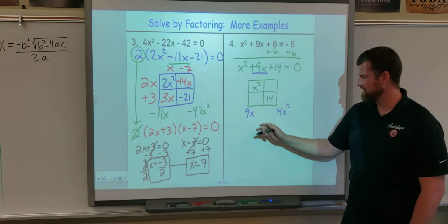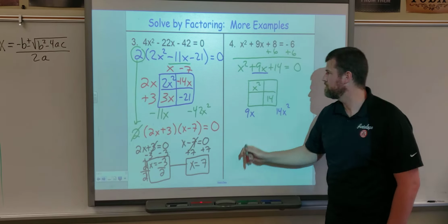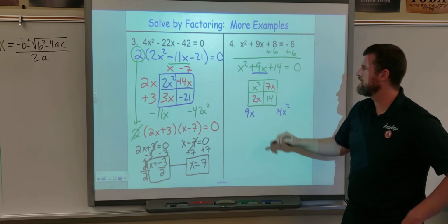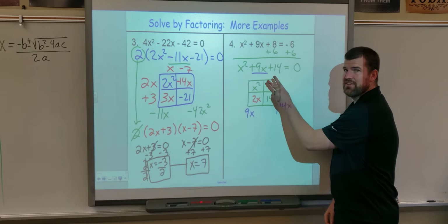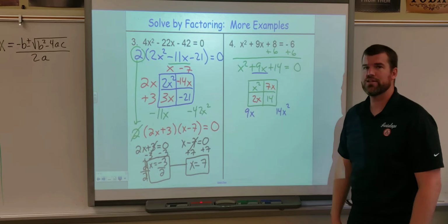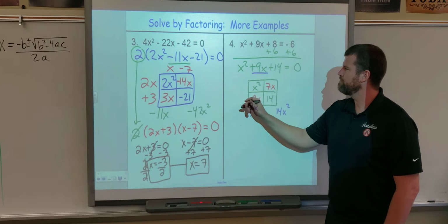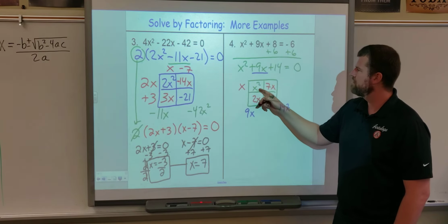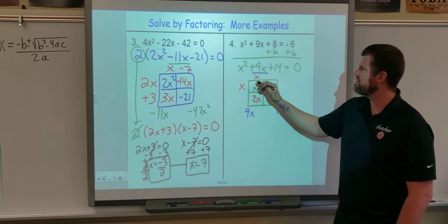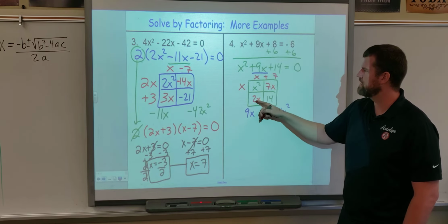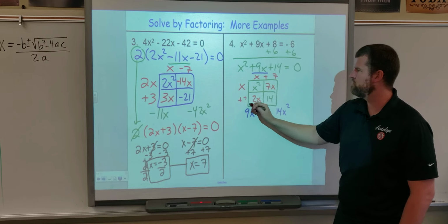Multiplies to 14, adds to 9, that's going to be 7x and 2x. And again, which box you put the 7x and the 2x in doesn't matter, you'll end up with the same solutions at the end. Common factor of my top row is x. x squared, I need x times x. 7x, I need times positive 7, and to get 2x, I need positive 2.